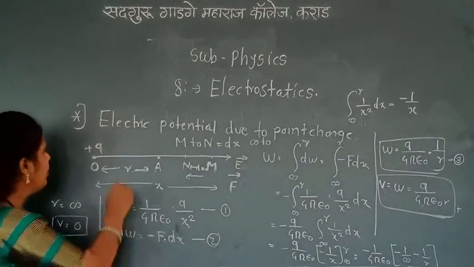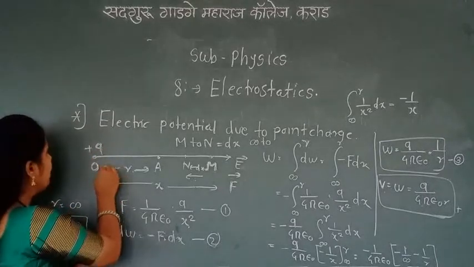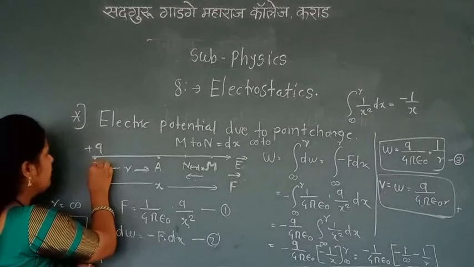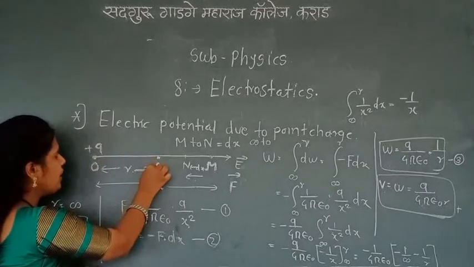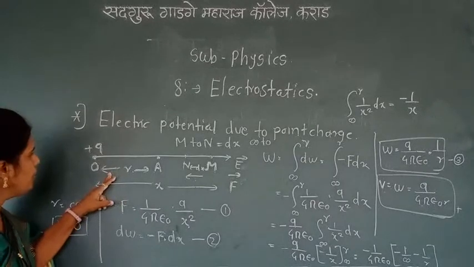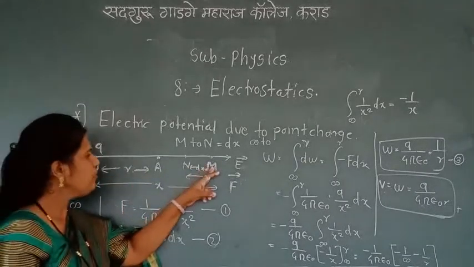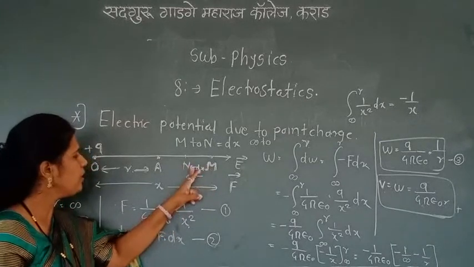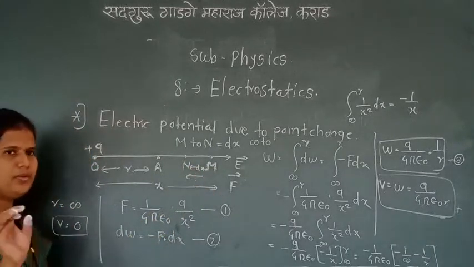Once again, let me revise here. Q is the point charge placed at O, and we have to find the electric potential at point A. R is the distance from O. M is an intermediate point, and the small displacement taken by the particle from M to N is dx.